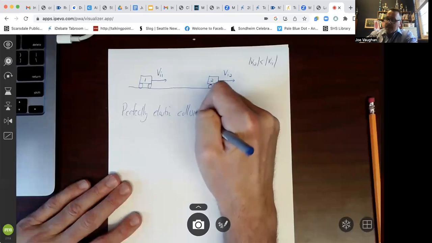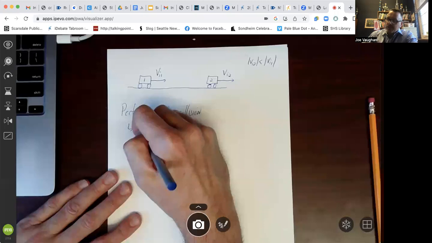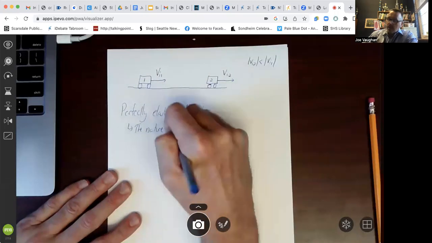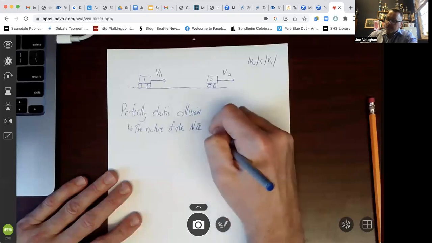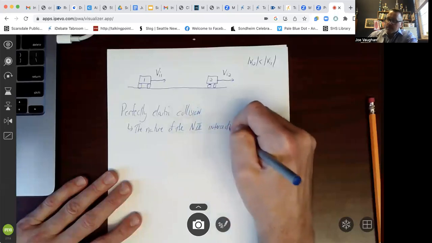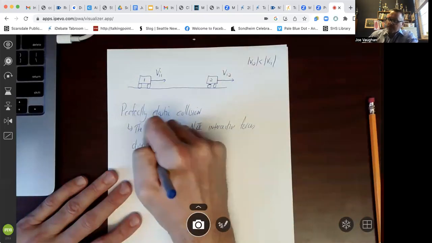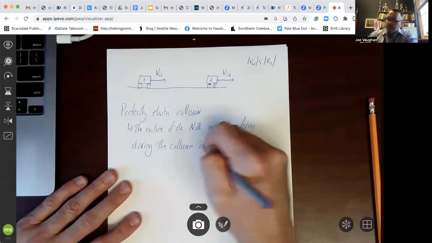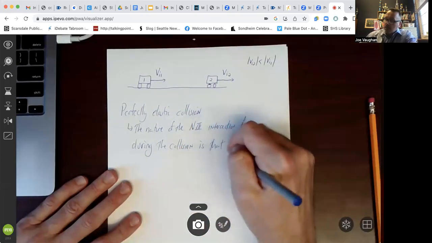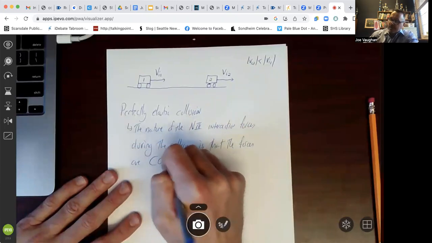In a perfectly elastic collision, the nature of the Newton's third law interaction forces during the collision is that the forces are conservative in nature.